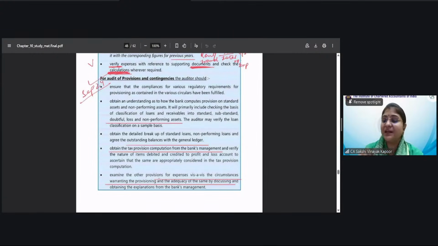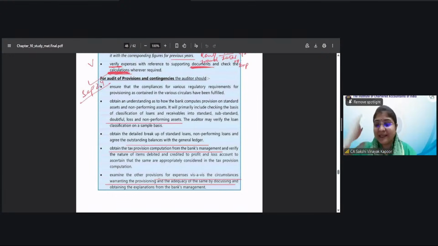Then you check the classification on a sample basis. Then obtain detailed breakup of standard and NPA of loans and see whether they agree with the general ledger or not. So for advances, compliance with the circular, computation, provisioning and classification. This is what you have to see.